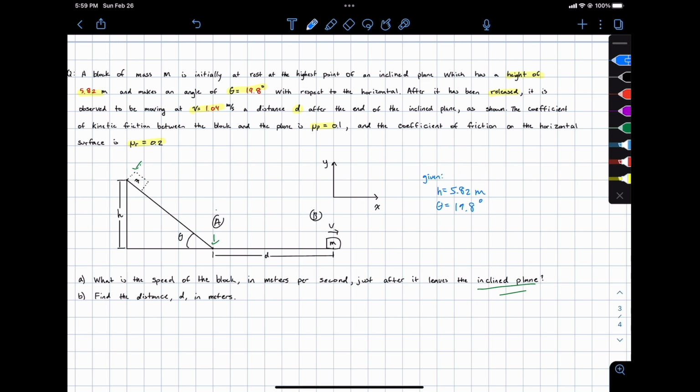And it says after it has been released from the top of the plane, released is saying initial velocity equals 0 meters per second, right, letting it drop or released. And the final velocity at this point equals 1.04 meters per second.